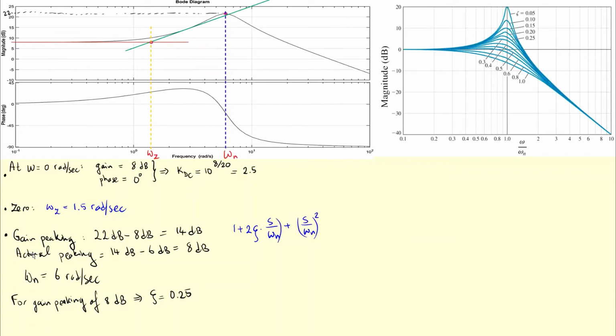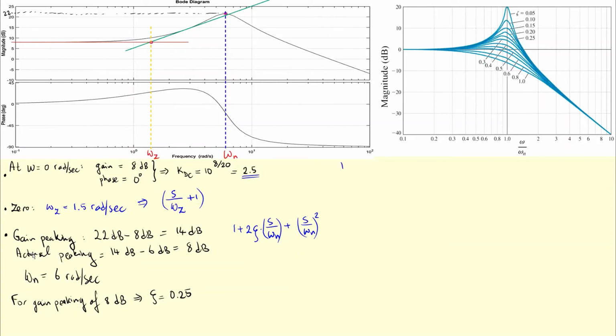So let me also place this in the parentheses. For the zero, I forgot to mention here, our term is s divided by omega z plus 1. This is the term we will use, and the KDC we will also use in our transfer function. Now we have the necessary elements, so we can set up our transfer function.